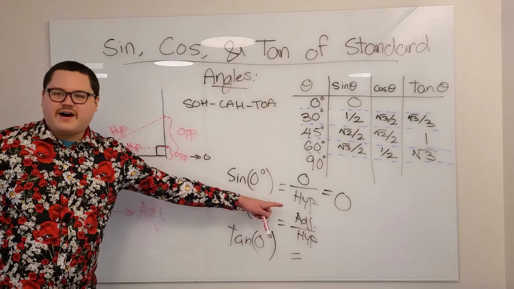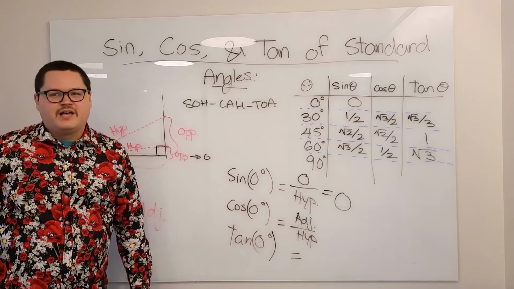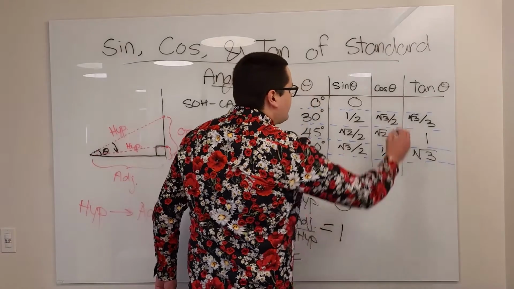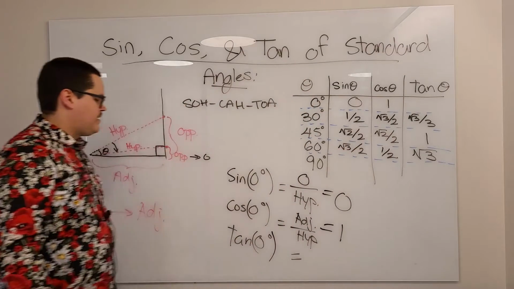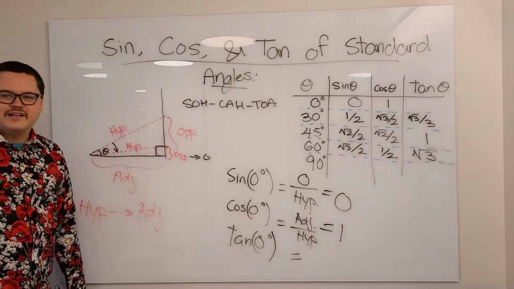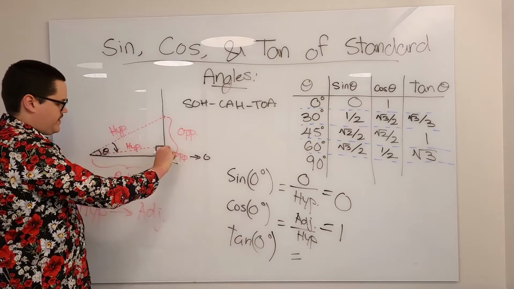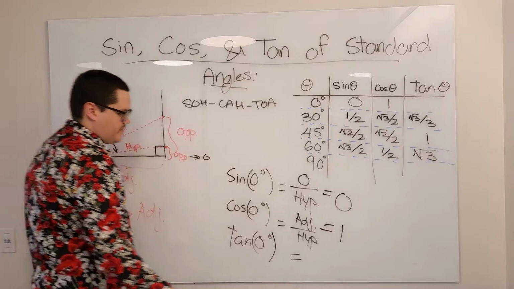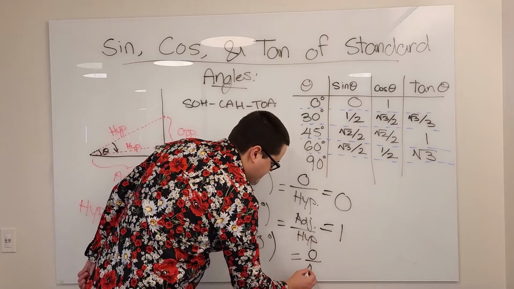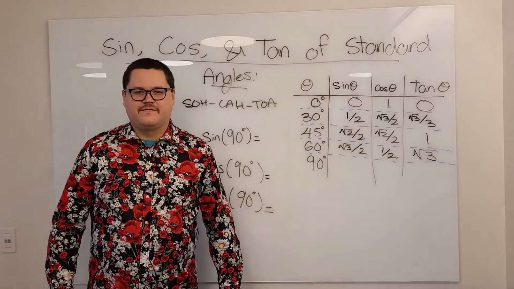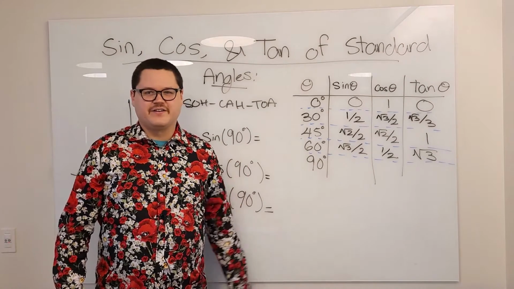So we're essentially dividing something by itself, and that's 1. Okay, tangent, that's opposite over adjacent. The opposite becomes 0, the adjacent stays what it was. That's 0.